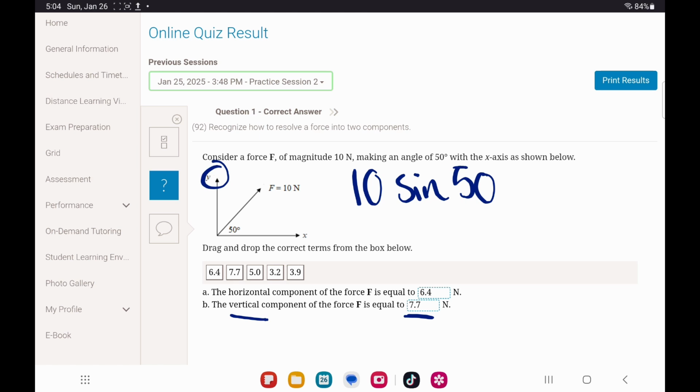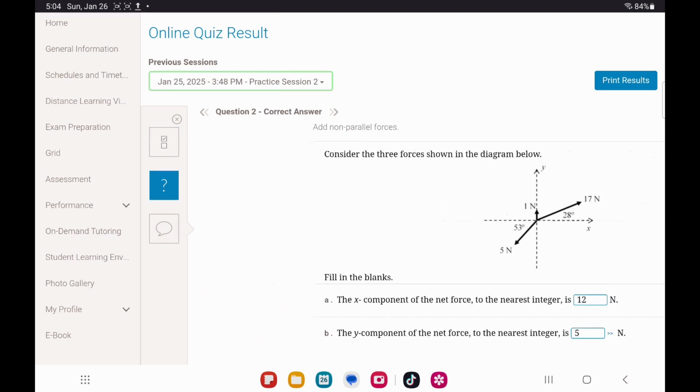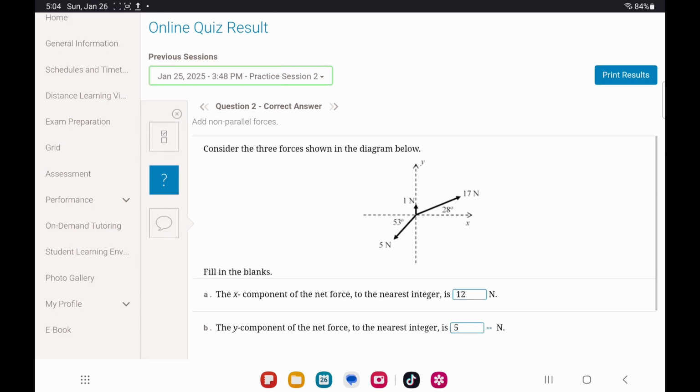And it's very simple. The x component is the horizontal, and the y component is the vertical, if you memorize it that way, or x for cosine, y for sine.